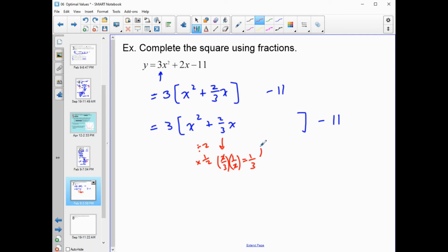Then I take 1/3 and I square it. So this becomes plus 1/9, and this becomes minus 1/9, because I can't introduce that 1/9 out of thin air, so I have to immediately subtract 1/9. It is important, though, that the plus comes first and then the subtraction.